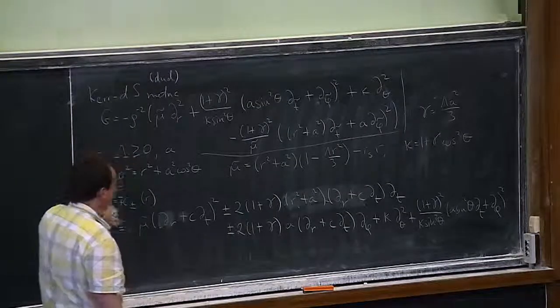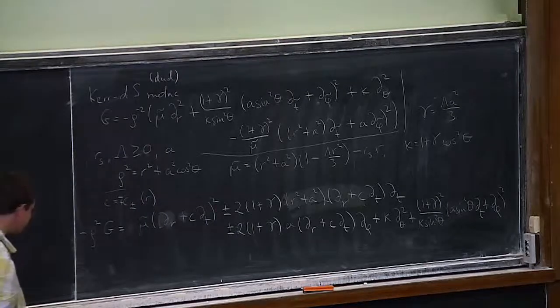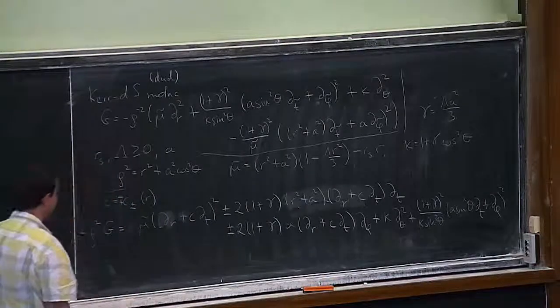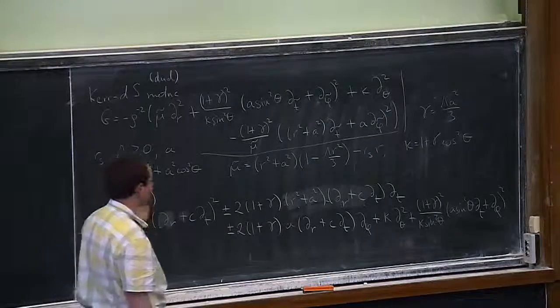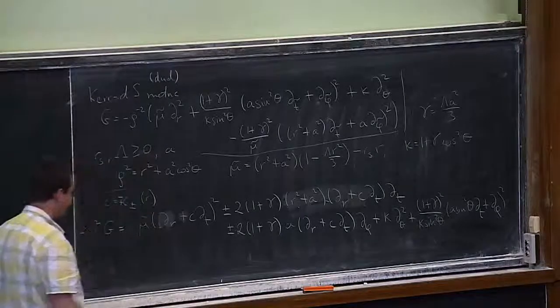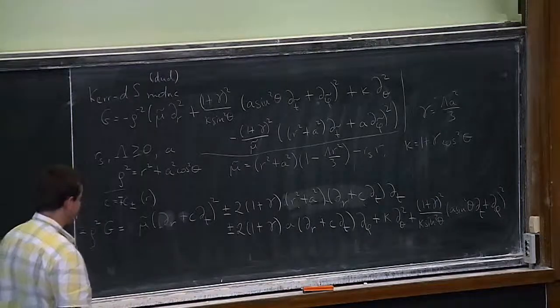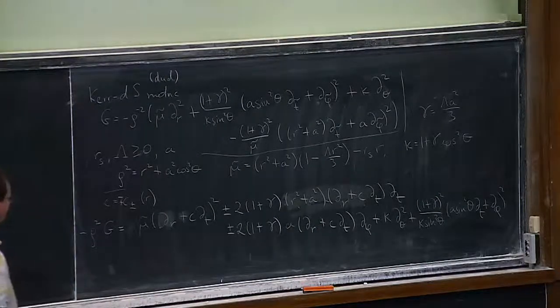Lambda equals 0, the zero cosmological constant, is the case of Kerr. So if you just put lambda equals 0 everywhere, you get what you saw before. Wherever lambda appears is where this is more complicated than actual Kerr.